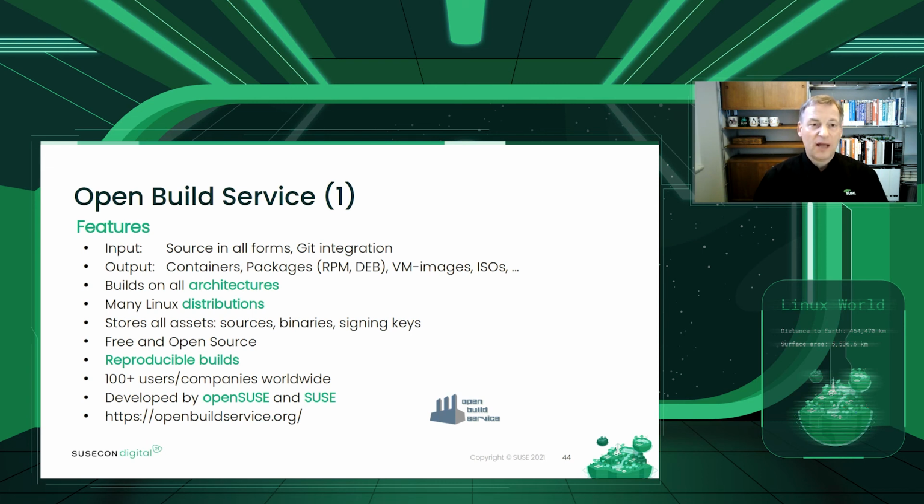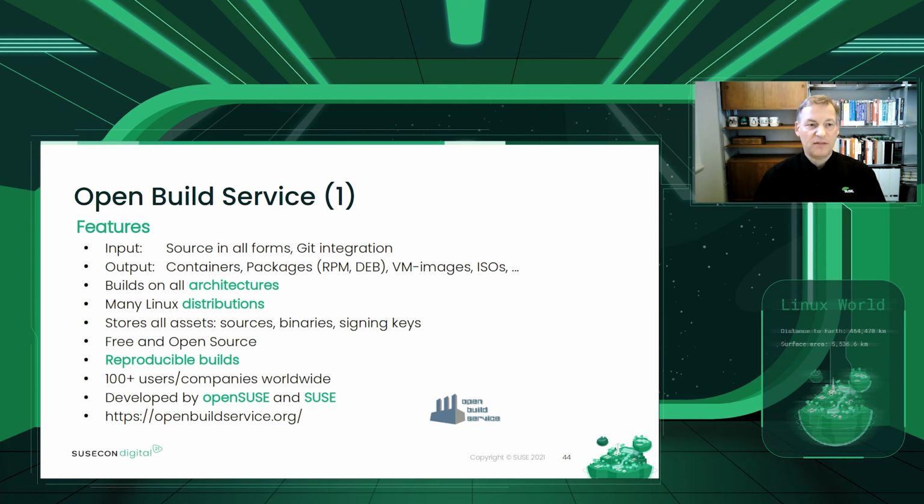It also allows Git integration, direct, indirect, staged, with vendoring, via tars in between, everything, but also direct integration with Git environments. And as an output, it allows you to produce most things you can imagine: containers, packages in RPM and deb format, VM images, ISOs for installation, cloud images certainly as well.